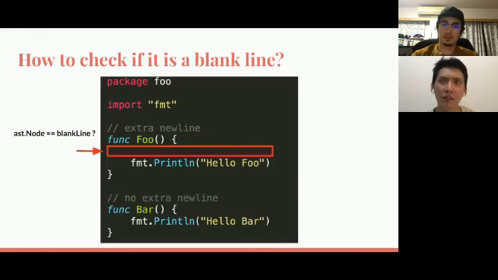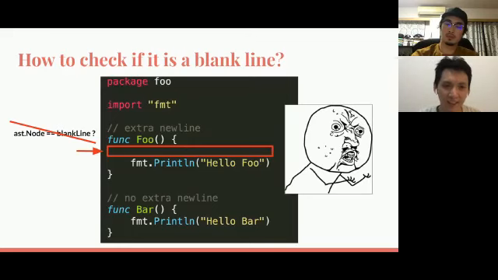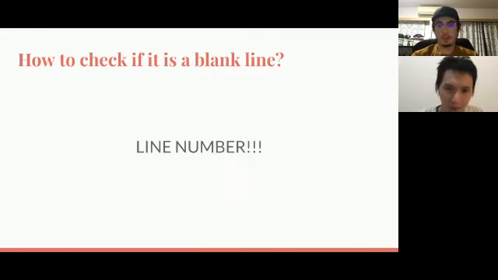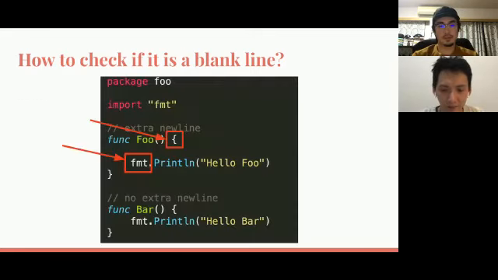The most straightforward logic I can come up with is: is there a way we can check, okay, is this node a blank line or not? Unfortunately, there's no way of doing that, which is pretty bad. So the way we're going to solve it is with the line number.